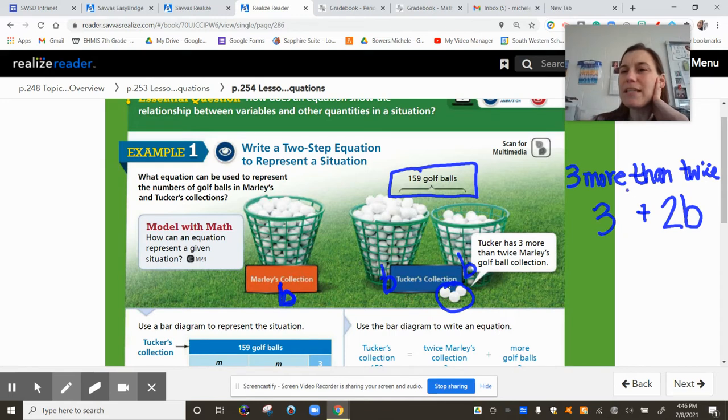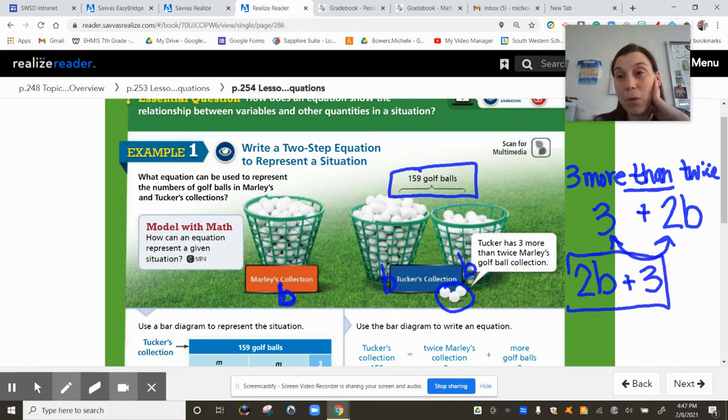But whenever you see this phrase more than, that's telling me that the order of these things are actually reversed. So it's like it starts with the 2 times what he has, and then 3 more than that. So even though it's written in this order, this is the order that we would represent the expression of what Tucker has. Remember, Tucker's the one that has more.